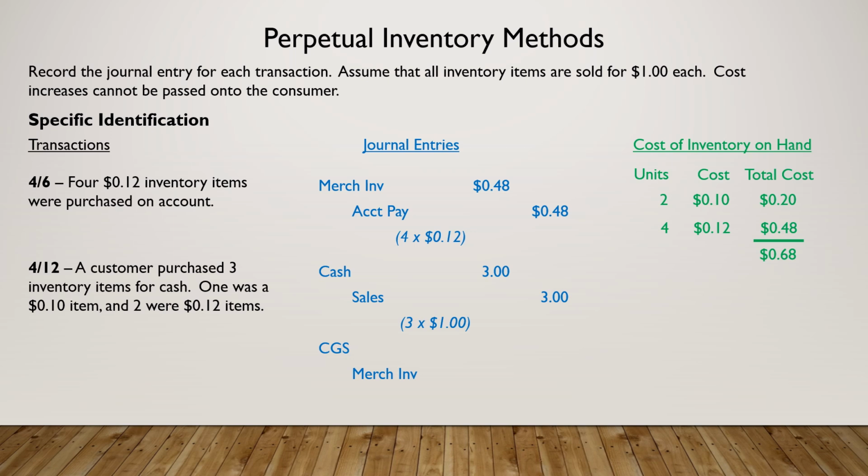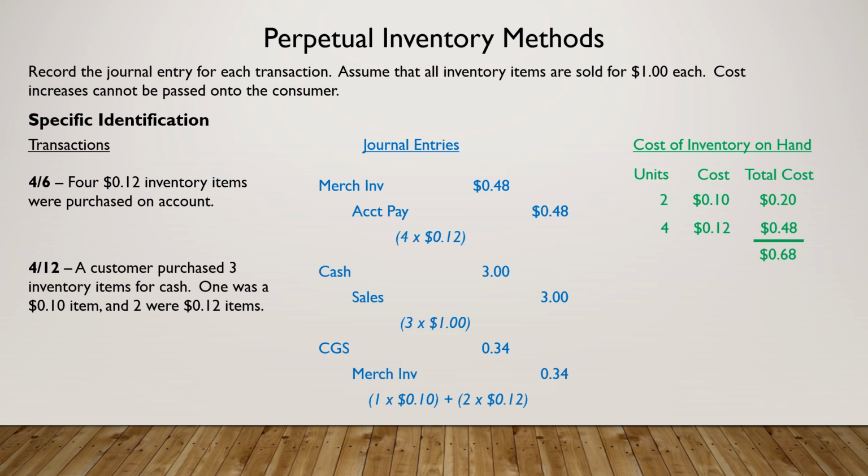As for the amount, here we see the specific ID method applied. Remember that this method is not a cost flow assumption. We're not assuming anything. Instead, we know exactly which items were sold as well as their respective costs. We sold 1 item at 10 cents and 2 at 12 cents, or 34 cents of merchandise inventory.